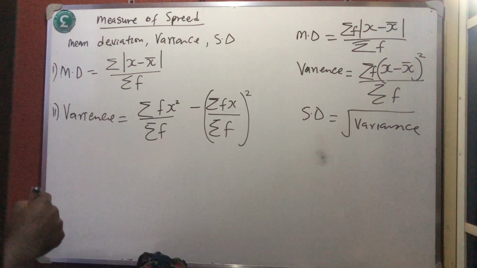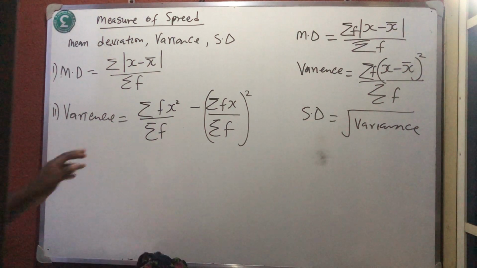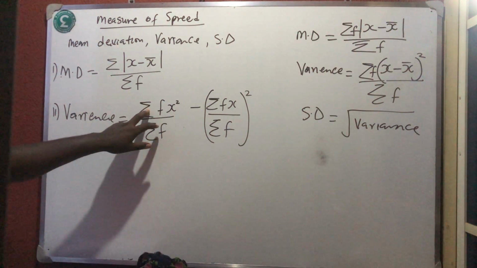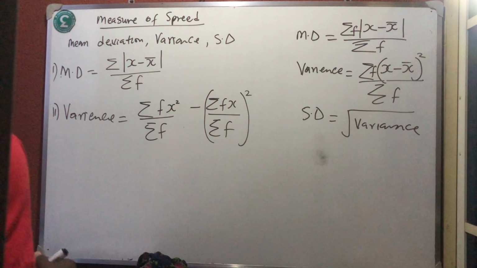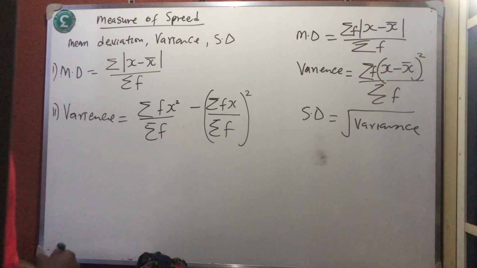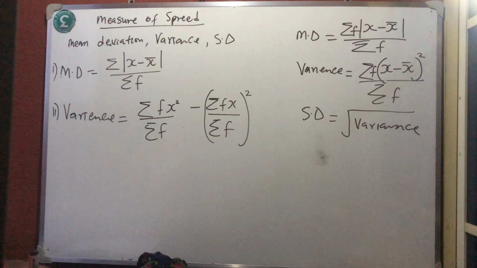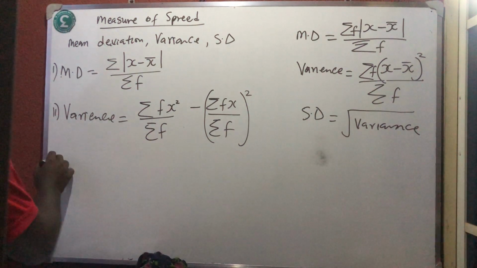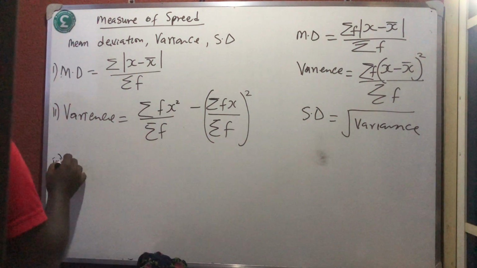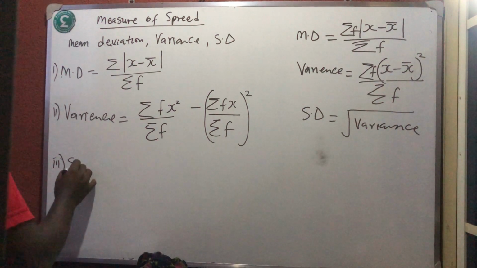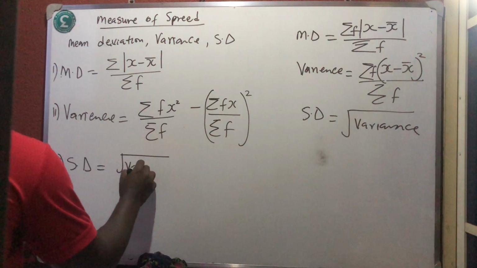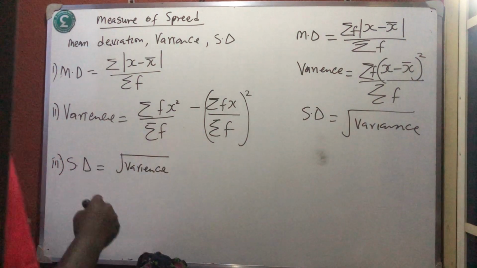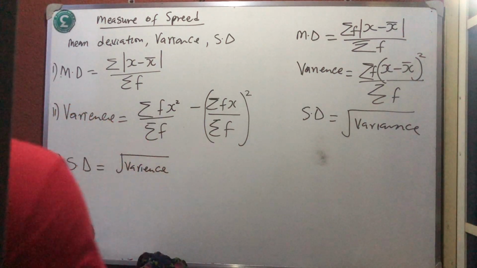As simple as that. That is how to do it. Summation x squared, but this one has bar. That is the answer. And don't forget the third one, standard deviation. Standard deviation is equal to the square root of variance. So that is that.